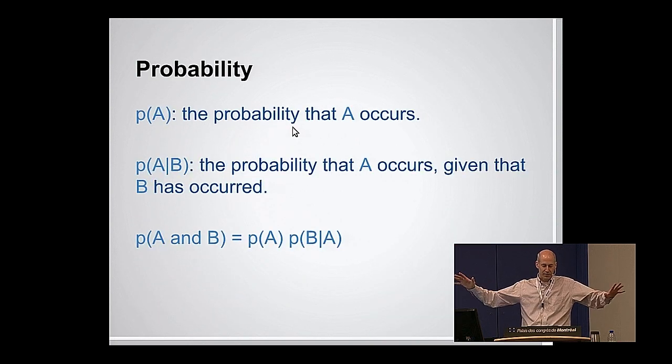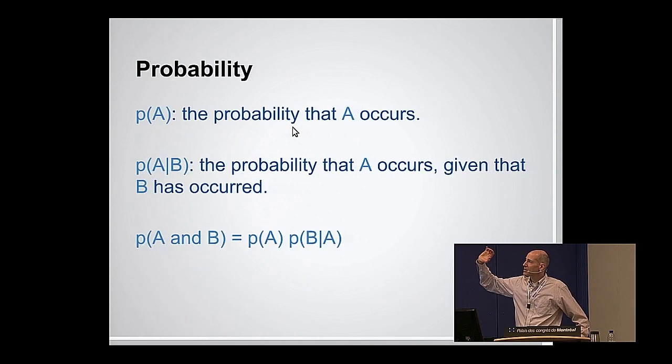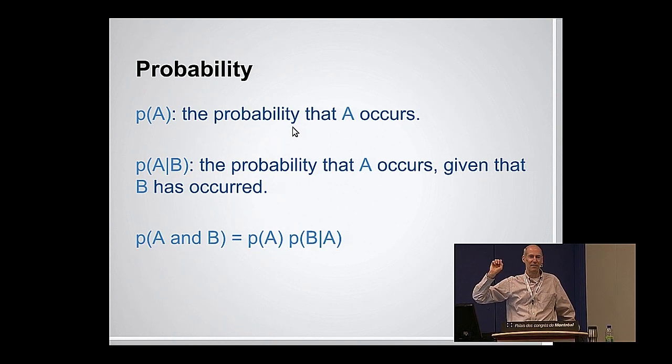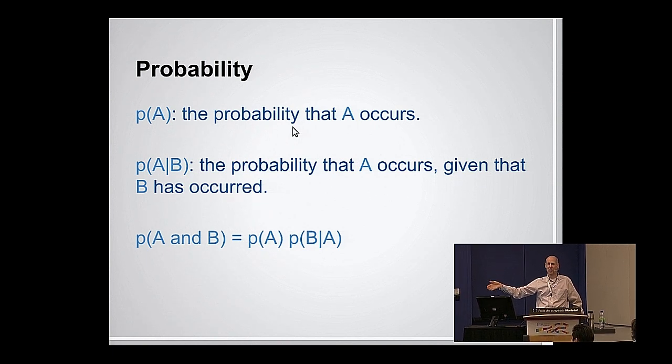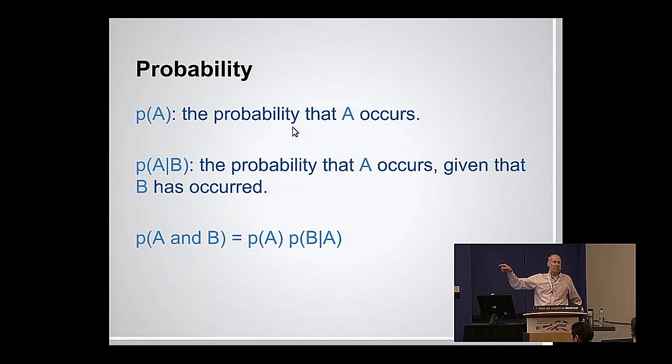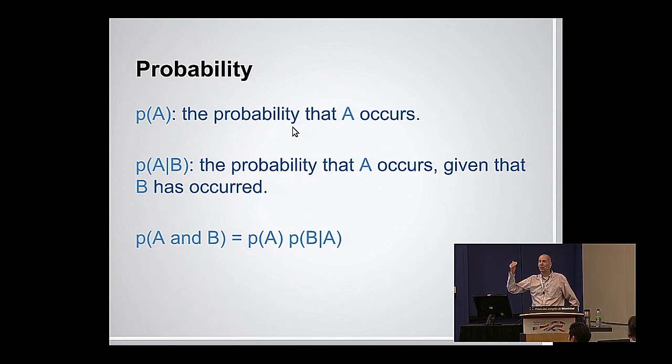So to demonstrate, starting with just definitions of what probability is, I'm going to use the notation P(A) for the probability of an event, the probability that an event will occur. This is either something in the past that you don't know whether it happened or not, or a prediction you're making about what's going to happen in the future. Either way, just probability of something happening. Conditional probability, P(A|B), is the probability of A given that B is true.